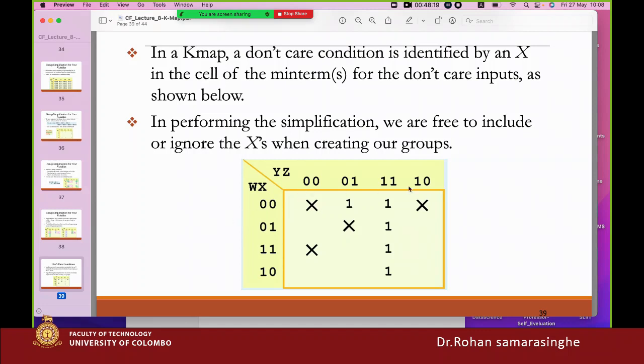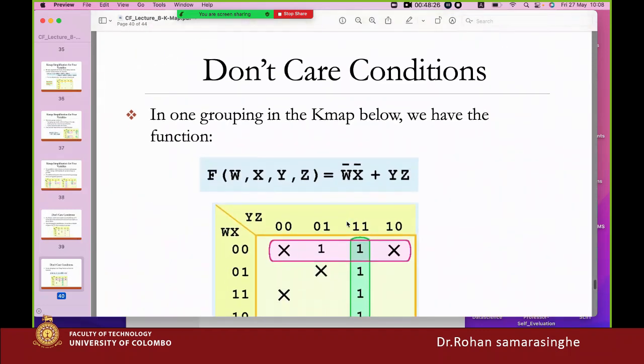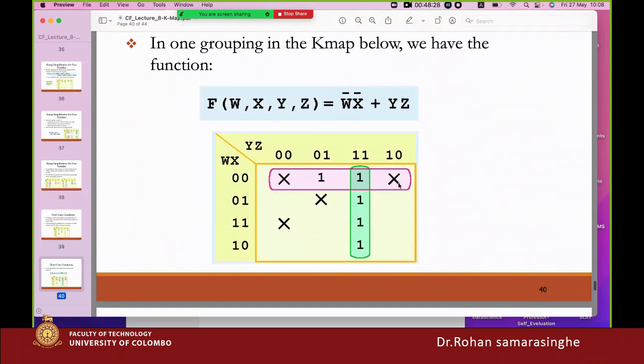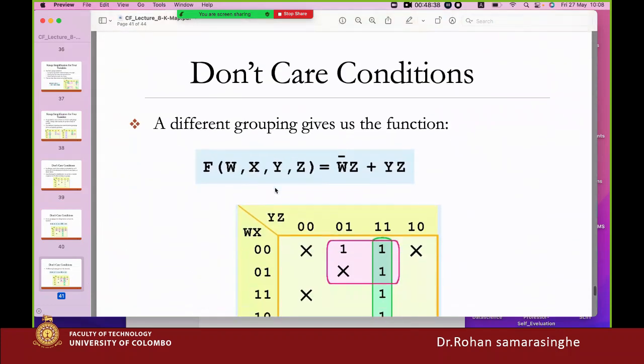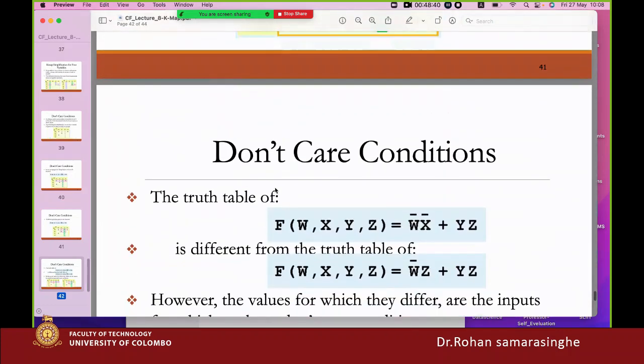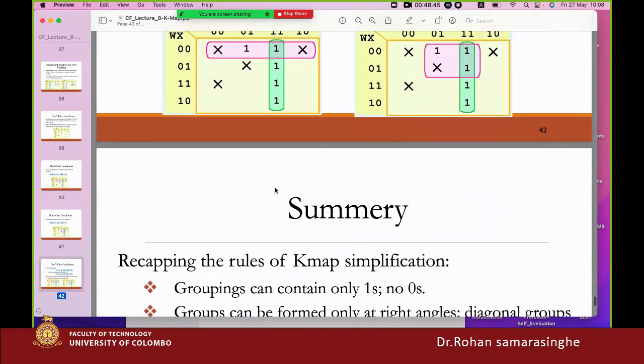But if you want to create larger groups, you can use these don't care condition minterms. Likewise here, these two can be taken to create these larger groups, and for creating the minterms, the don't care condition can be considered. So the don't care condition is very, very important for the simplified version.